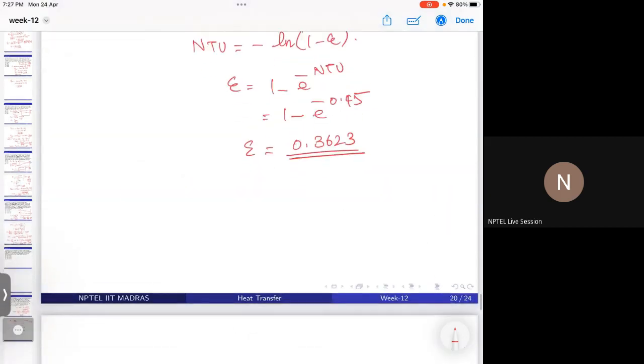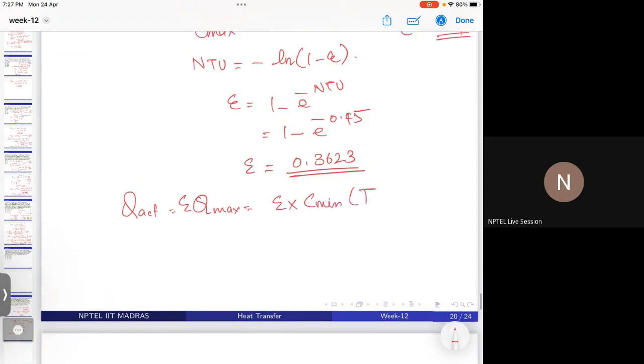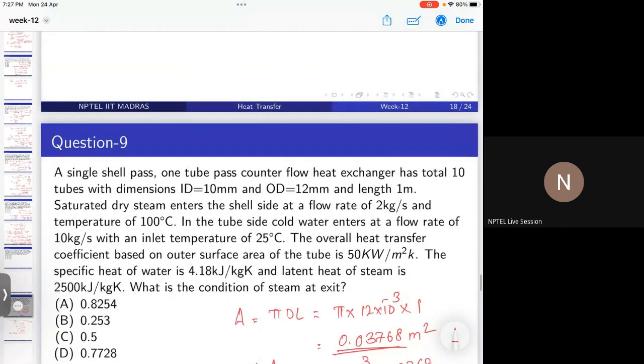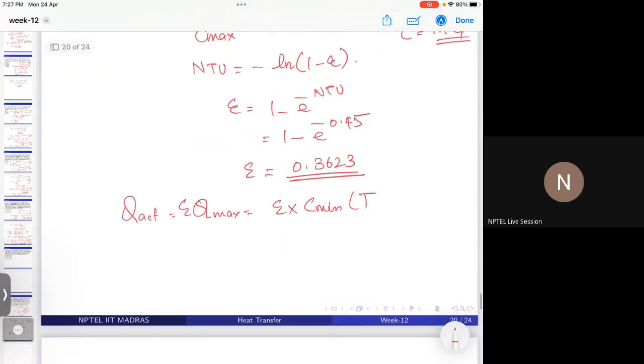Now, what is the actual heat transfer? That is Q equals epsilon times Q max, that is epsilon times C min into (T_HI minus T_CI).